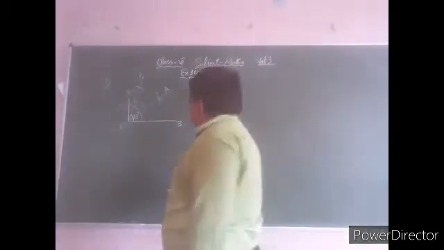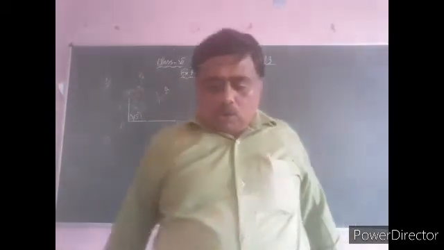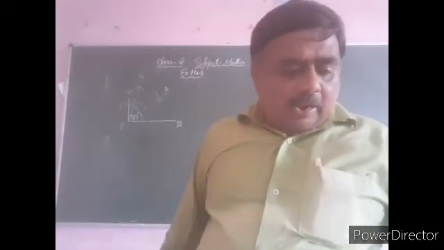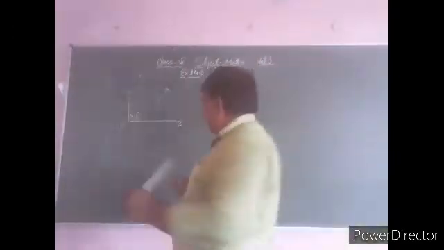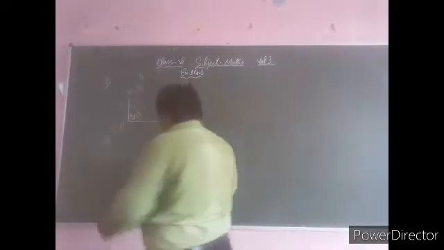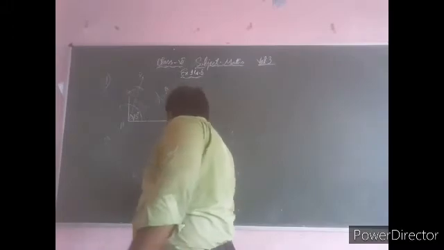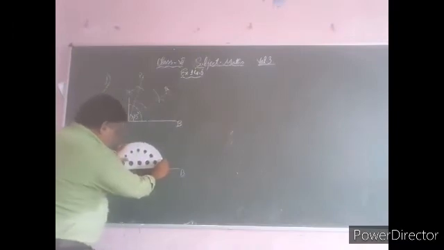Question number 2. Draw an angle of 147 degree. A line AB is drawn. Now using a protractor, draw an angle of 147 degree.